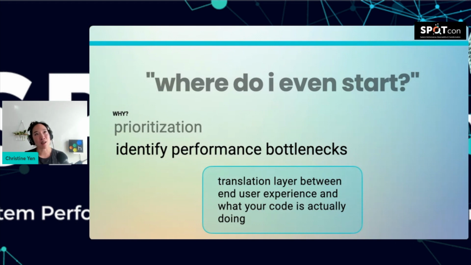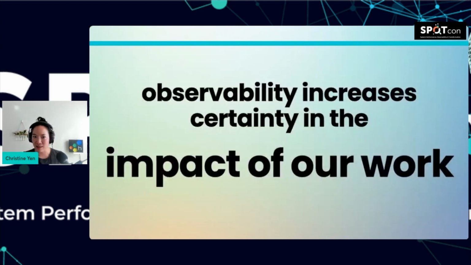When you can start to draw this line, describe what matters to you as you write code in your business in language that your observability tool can use, then you can start to short circuit these feedback loops even before you write the code to make sure you're spending it on the right things.